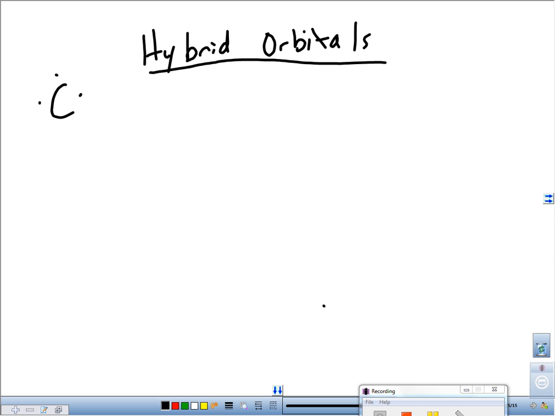All right? Well, that helps us understand how many valence electrons, but in reality, its orbital diagram from chapter 4 looks like this. Just to kind of remember what we're talking about here.